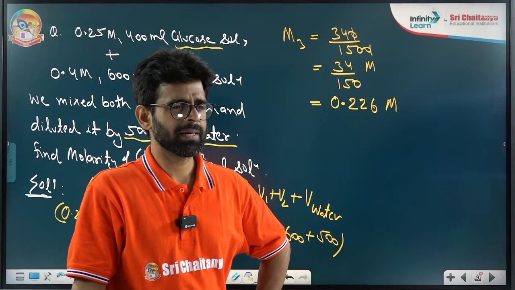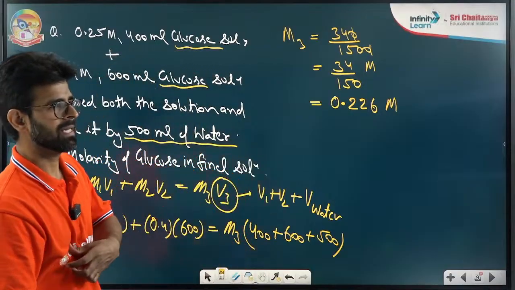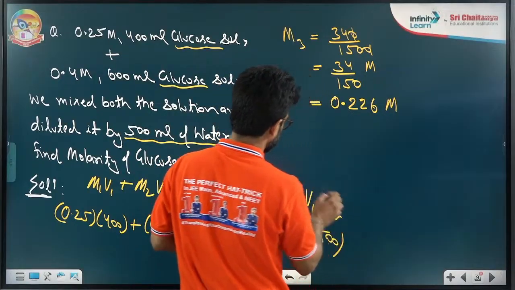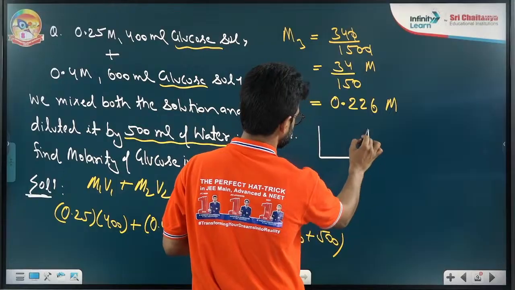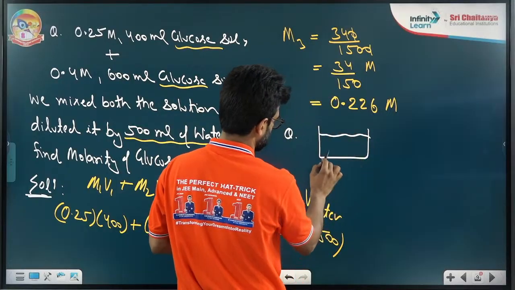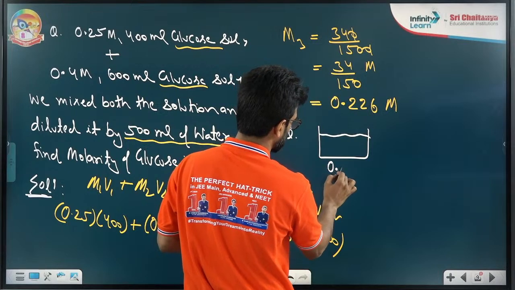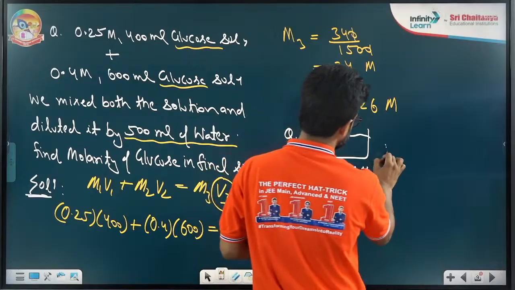Clear, beta? Okay. So one more thing we have to understand here. Carefully try to understand. Look, I have a solution, and I'm saying it is 0.2 molar NaCl solution.